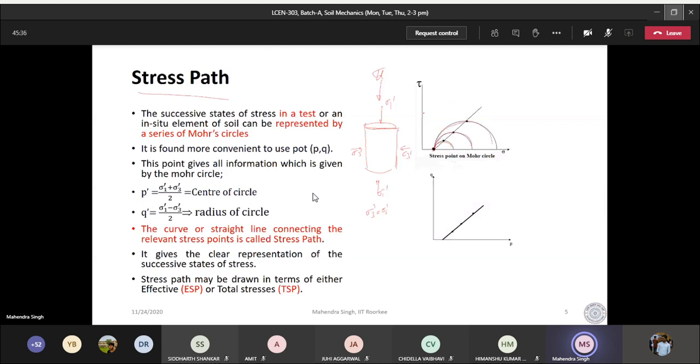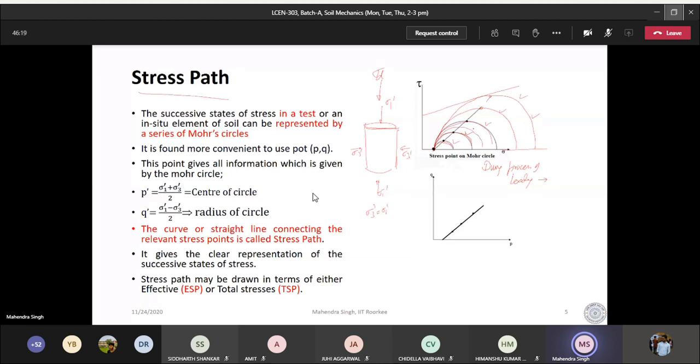So as you go on increasing, let us say this is the failure envelope, and you can keep loading it till the circle touches the failure envelope, and then all these Mohr circles are explaining the stress state during the path of loading. So during the process of loading, the specimen has undergone these stress states, and those stress states are defined by this circle.